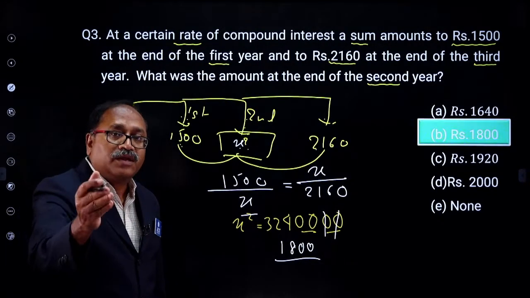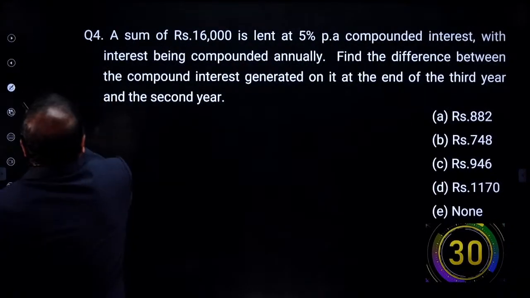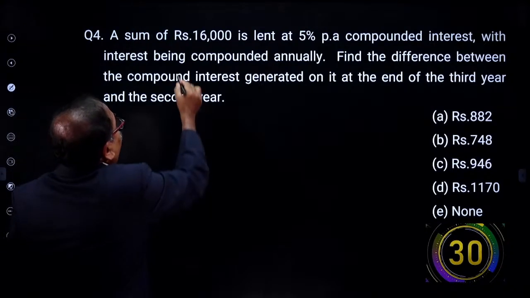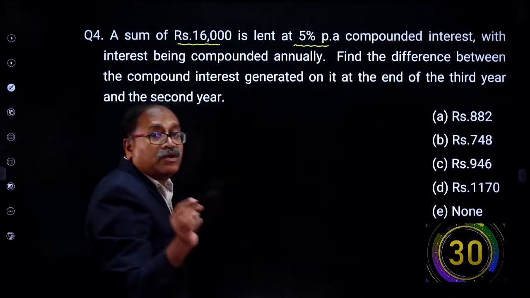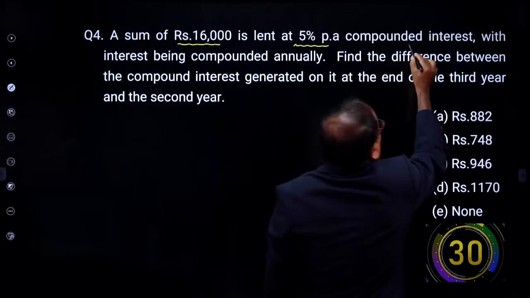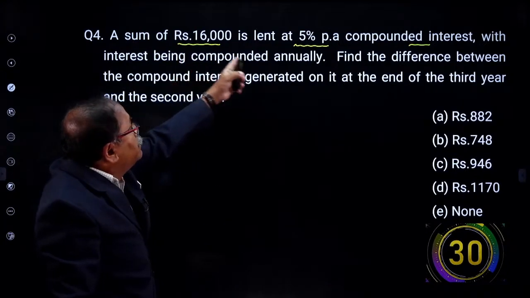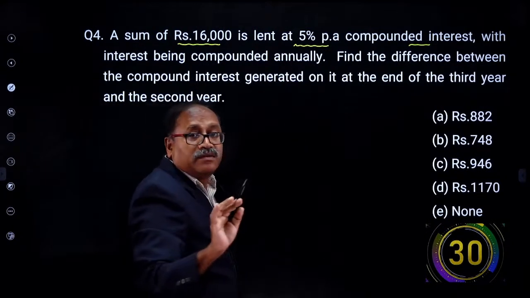Moving to the next question. Look at this part. A sum of rupees 16,000 is lent at 5% per annum compound interest. We have the sum, we have the rate of interest, with the interest being compounded annually.